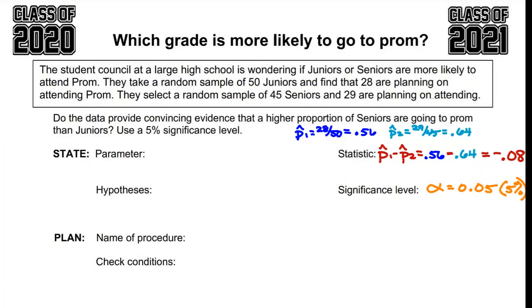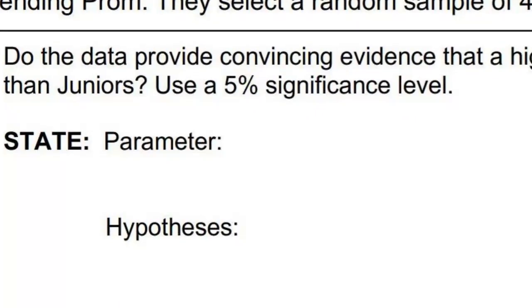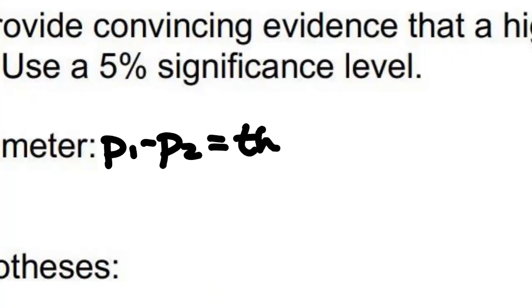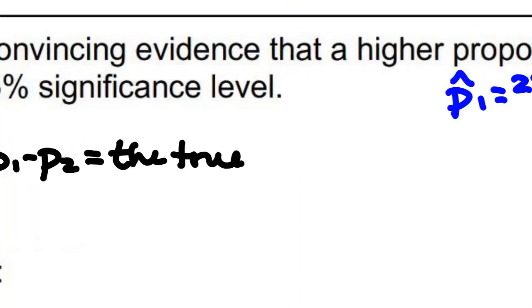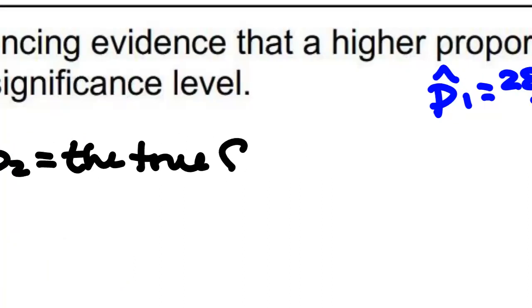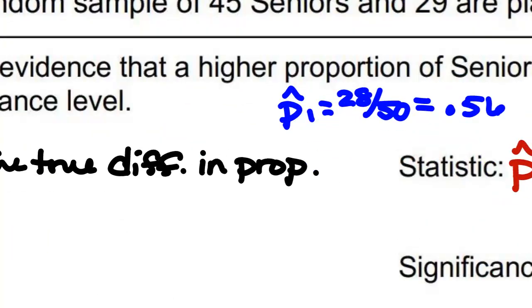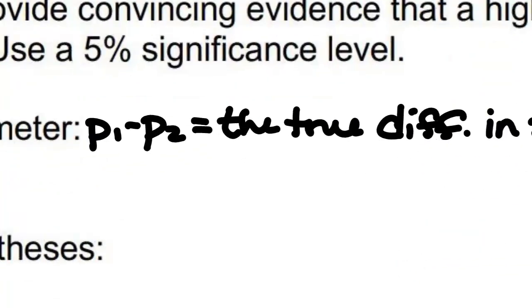Parameter. What is our parameter here? First of all, how would it start? Before I even write the true difference in proportion, P1 minus P2, and then absolutely the true difference in proportion of juniors and seniors planning on attending prom.